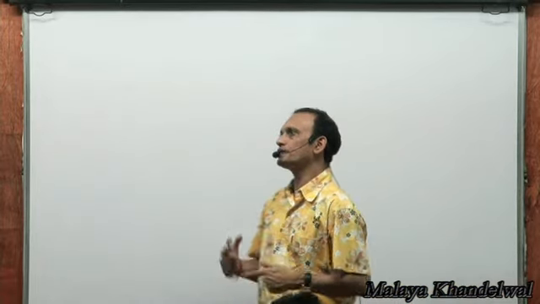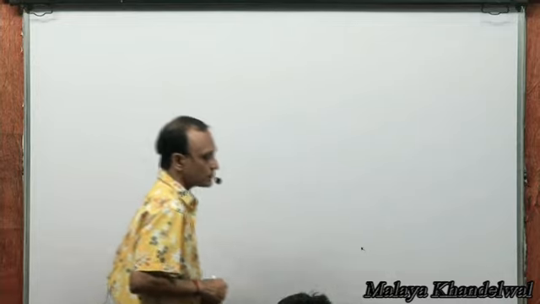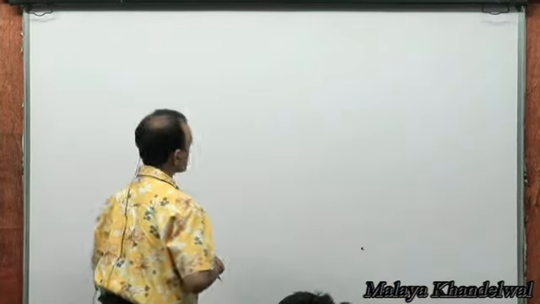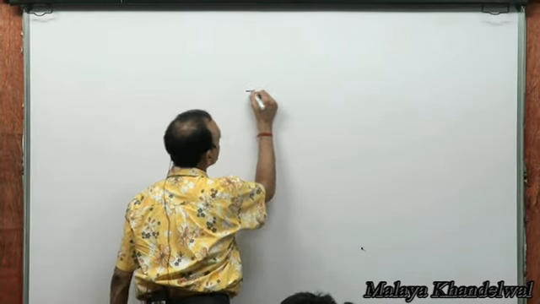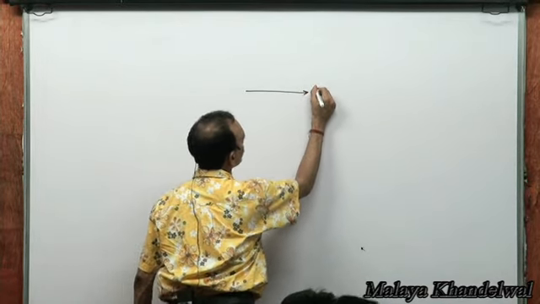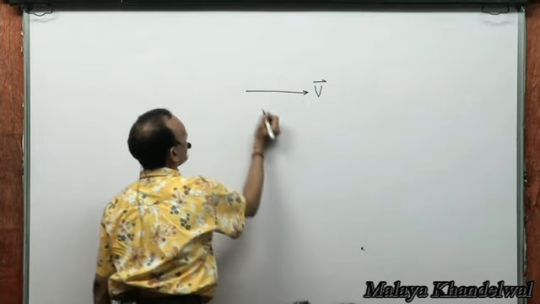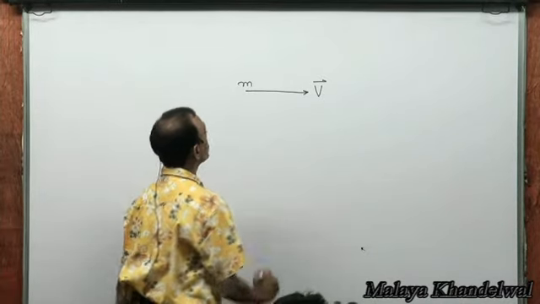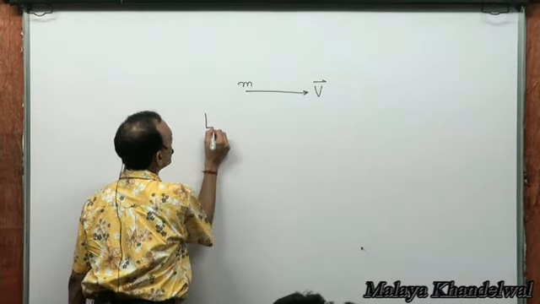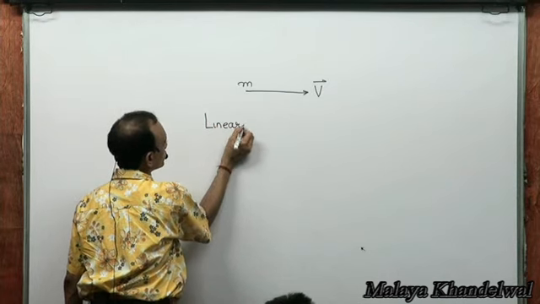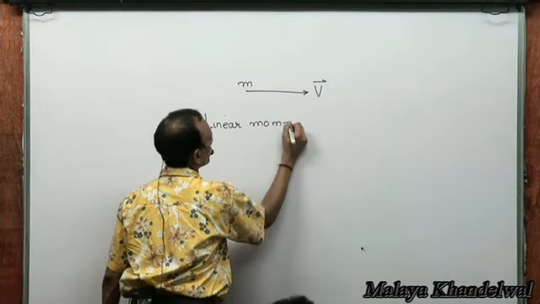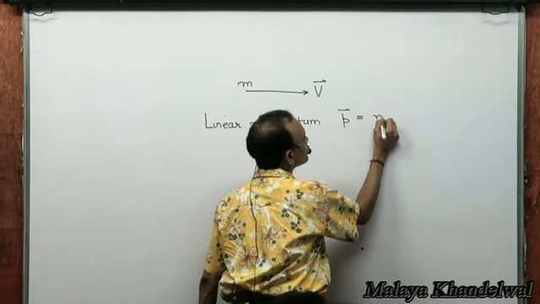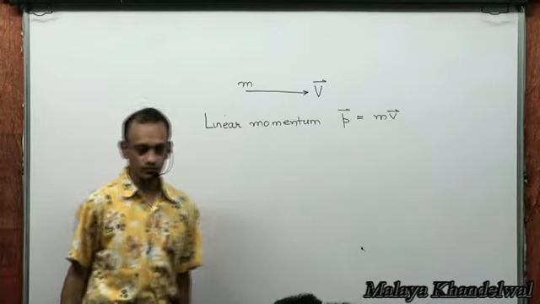So we start this journey by defining another entity. If a particle has a velocity v and has a mass m, then we define the linear momentum of this particle, p, as mass into velocity.